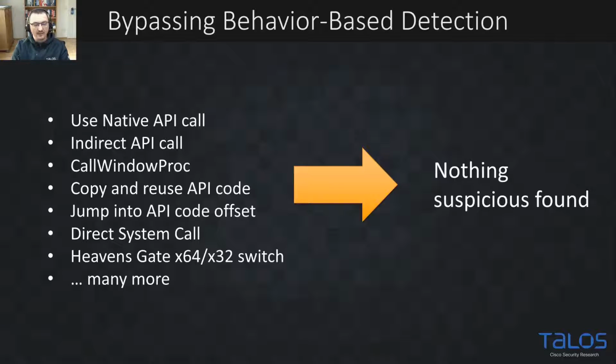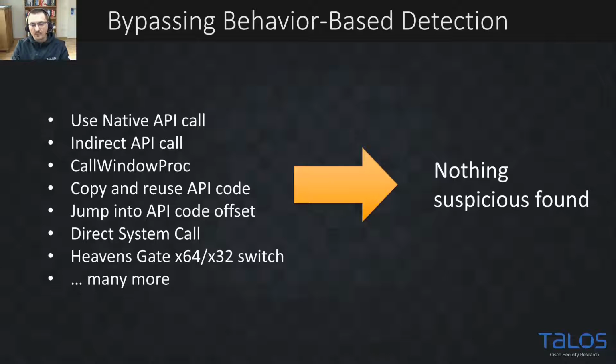Or they can rebuild API code and execute certain instructions on their own, and then just jump to an offset of the API to bypass the original entry point of the API, which might get monitored by a behavior-based detection software.